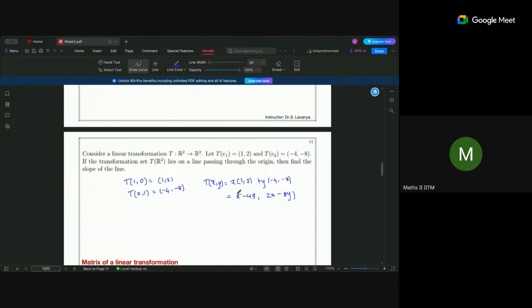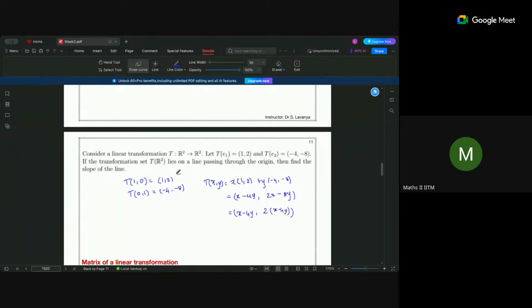Is that correct? Yes or no? Yes, ma'am. Now observe what is the relation between the first coordinate and the second coordinate. So you can observe that the second coordinate is 2 times of x minus 4y.